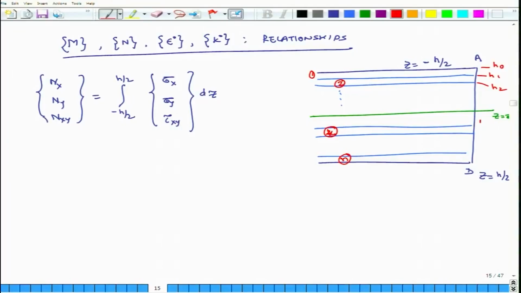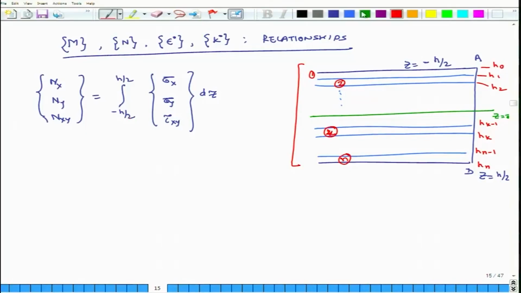It will be hk minus hk minus 1. And the thickness of the last layer will be hn minus hn minus 1. So, this is the convention we will follow throughout this class.